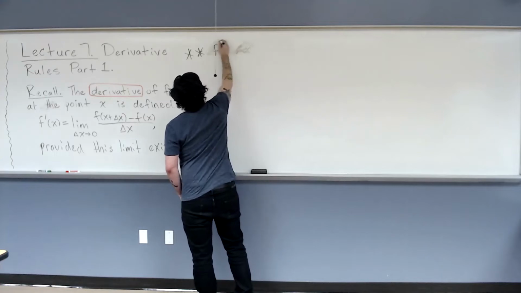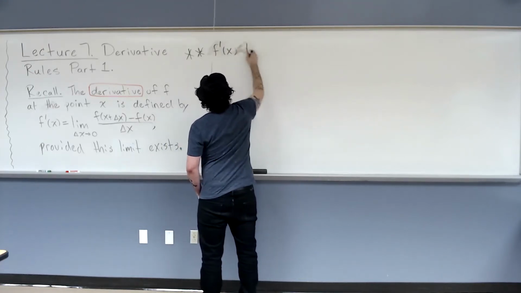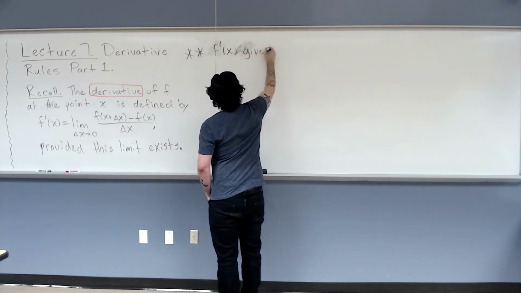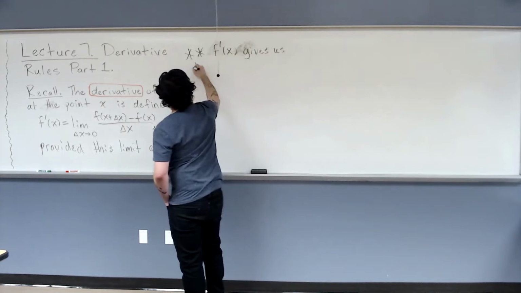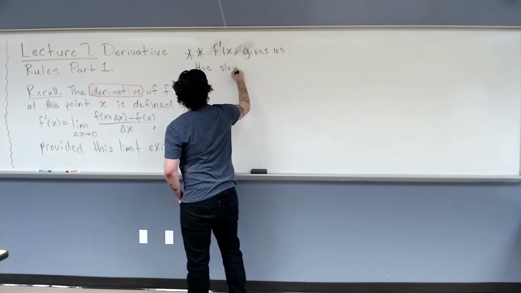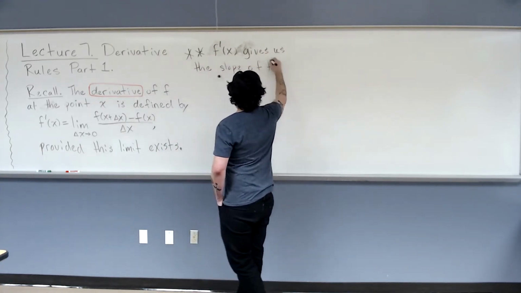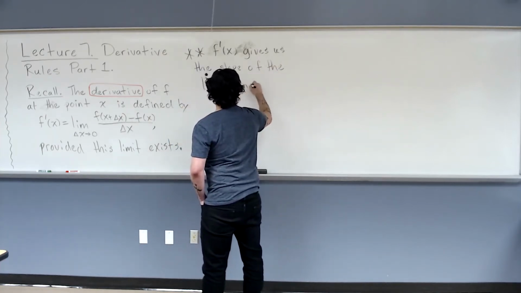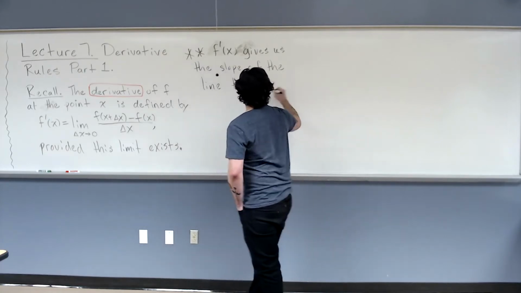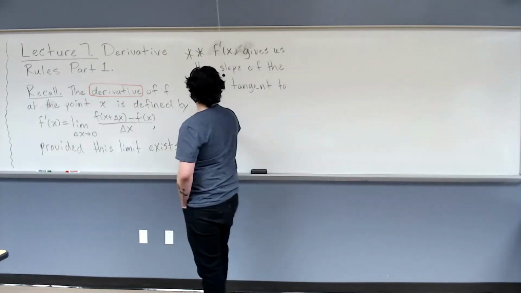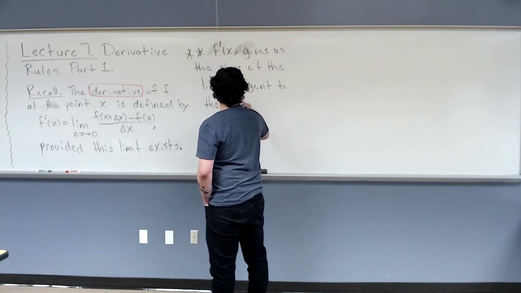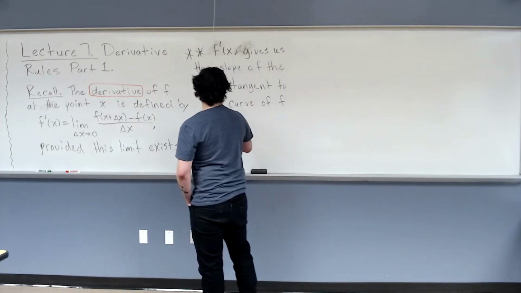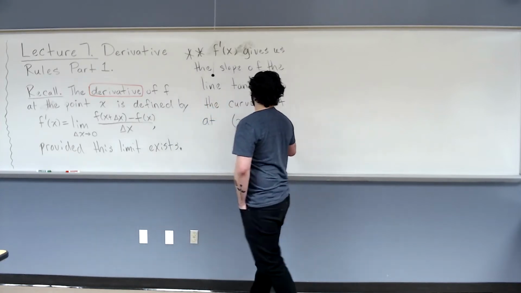The derivative, well, actually, I'll just use shorthand notation. So f prime of x, say maybe, gives us the slope of the line tangent to the curve of f at the point x comma f of x.